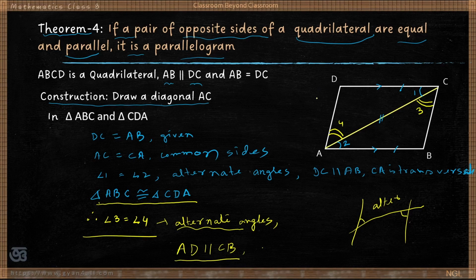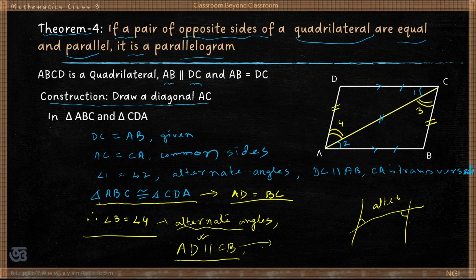That means this pair of lines is also parallel and equal. It's already equal because of the congruence of the triangles. AD is equal to BC. Now we get AD is parallel to CB. So if AD is parallel to CB and AD is equal to CB, what we get?